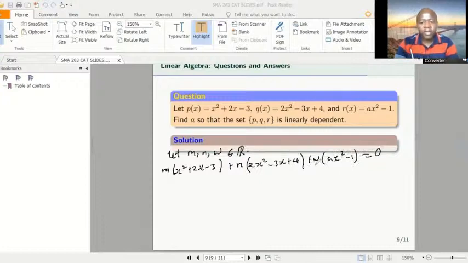This is by the definition of linear dependence of vectors. Now let's just multiply and collect like terms and factor out the common terms.